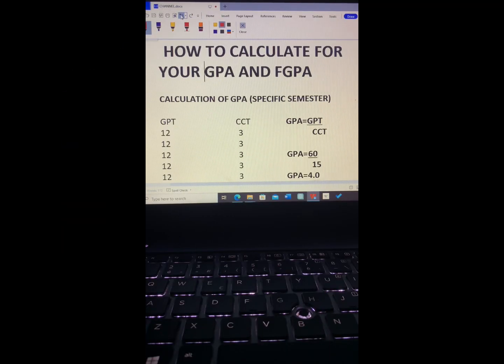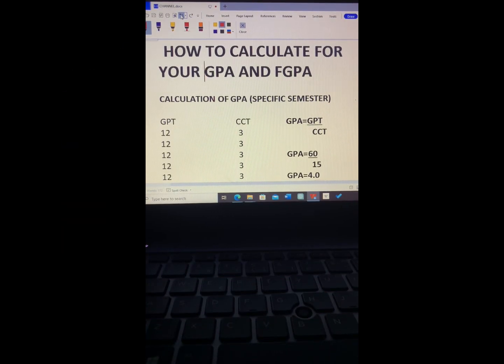Here, I'm going to show you how to calculate your GPA and FGPA practically. Calculation of GPA is done per semester. Meaning, if you want to calculate your GPA, you take a semester out of an academic year and calculate your GPA for that specific semester.